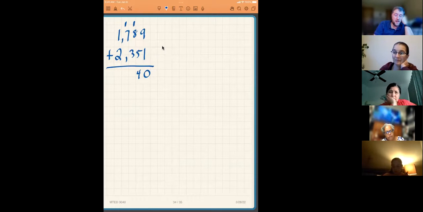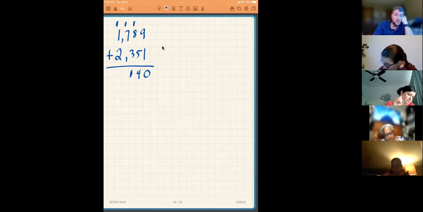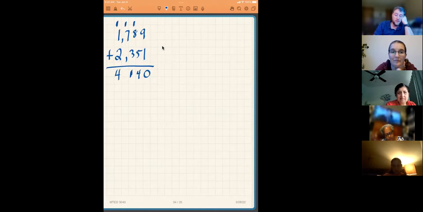Then we're going to do 7 100s plus 3 100s plus 1 is 11 100s. So again, we're going to put the 1 100 there, and we're going to take the 10 100s over there as 1,000. And then we have 2,000s plus another 1,000 plus another 1,000 gives us 4,140.